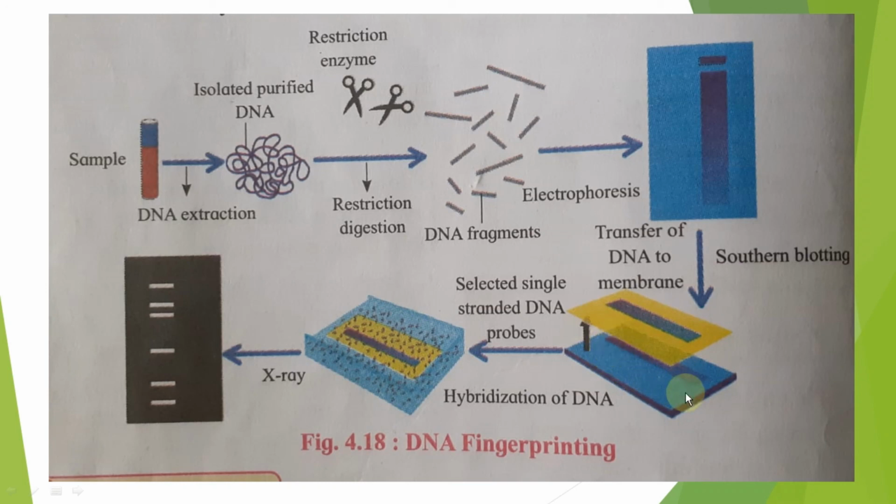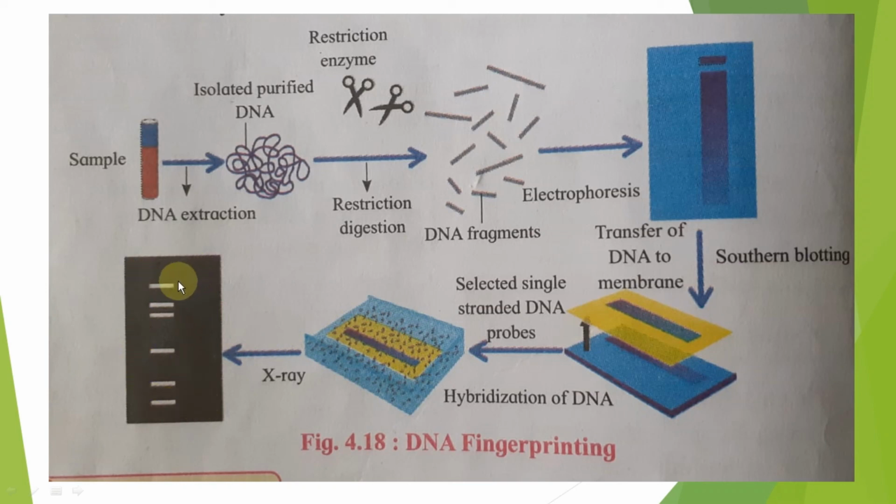Band formation takes place, and with the help of X-ray film, these bands are the hybrids. If hybrid formation takes place and the single stranded DNA is washed off, the hybrid band will appear on the X-ray.